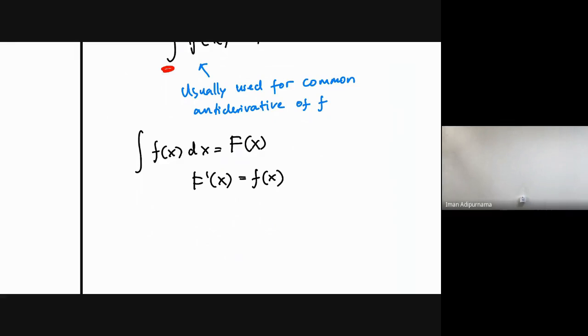So in the indefinite integral, to find this antiderivative, the big F, we need to use some properties. If you remember any derivatives, for example, tangent becomes secant squared, so the integral of secant squared is tangent, and if you have x to the power of n, you will get this.